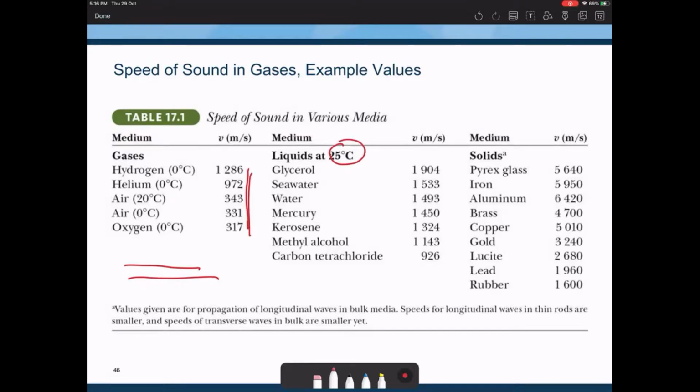Media which are liquid and solid generally have a much higher speed of sound compared with the air. One way to understand this is that you have a very strong bonding, or very strong springs, if you like, that holds the atoms together. So they are much more effective at transmitting the energy.